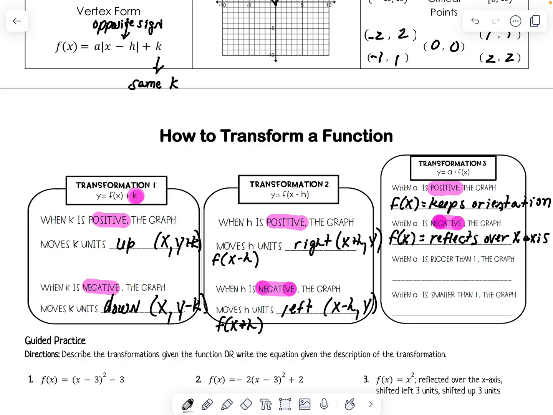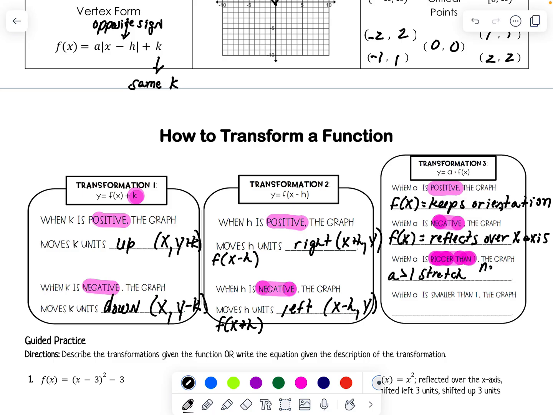All right. So also, when a is greater than 1, it narrows, which is called a stretch.